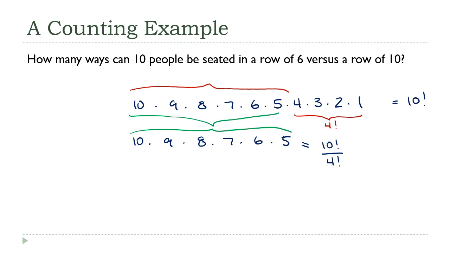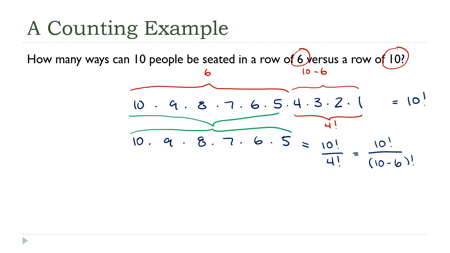So if the whole thing is 10 and this thing is 6, then this part here is 10 minus 6. But you notice those were the two numbers in the original question. So I could rewrite this, and it's going to seem a little odd to do it this way here, but just bear with me. This is 10 factorial over 10 minus 6 factorial.